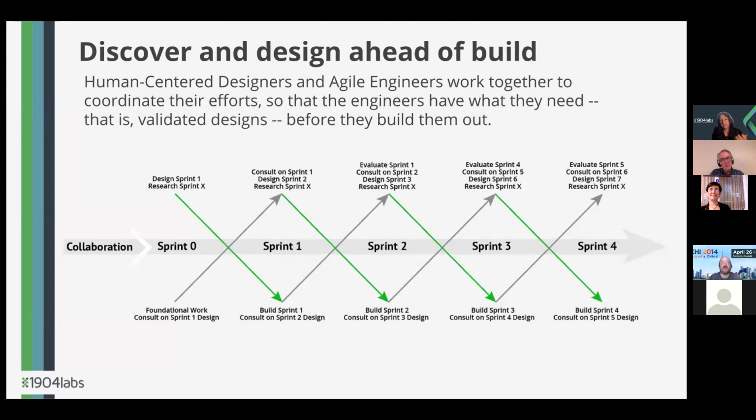That's always very tricky, but that's the role of the co-leads, especially the AEL, to keep an eye on which sprint, what's coming up in the next sprint, and what needs to be done from an HCD perspective. So again, these are basic principles. This is just the way that we're doing this.